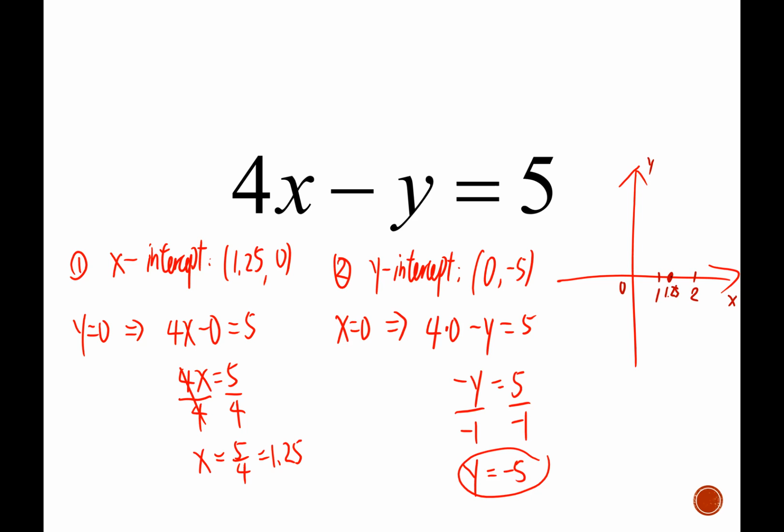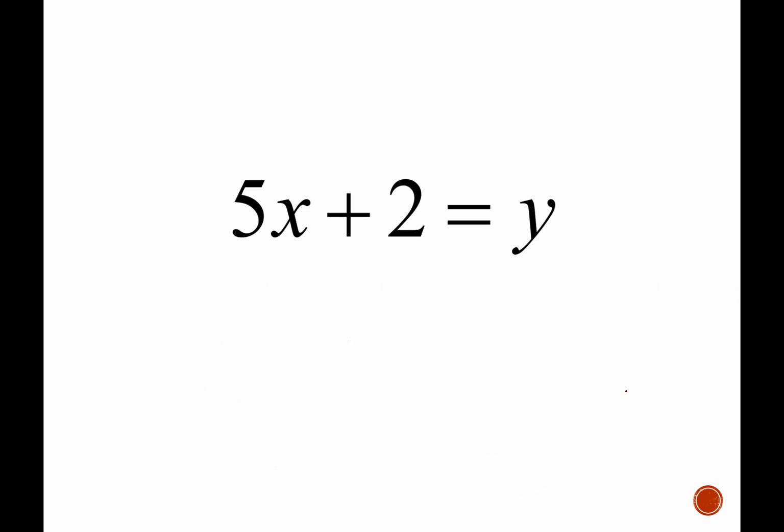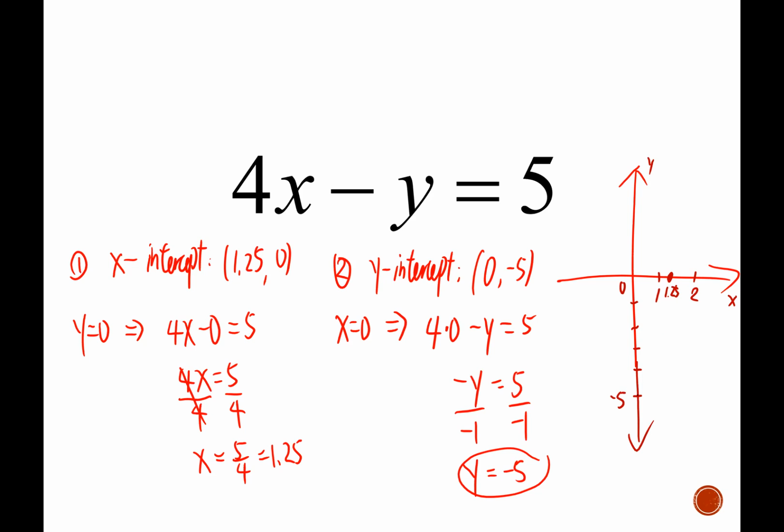Then the y-intercept is negative 5: negative 1, negative 2, negative 3, negative 4, negative 5. So this is the other ordered pair down here. Once you have those 2 points, connect them and extend the line in both directions, and then you get a line.